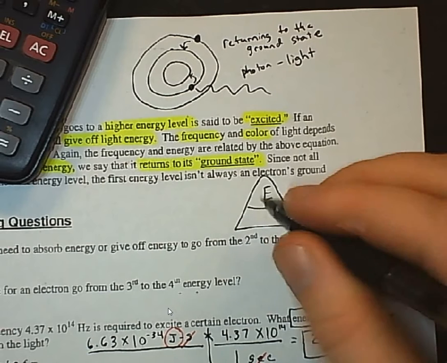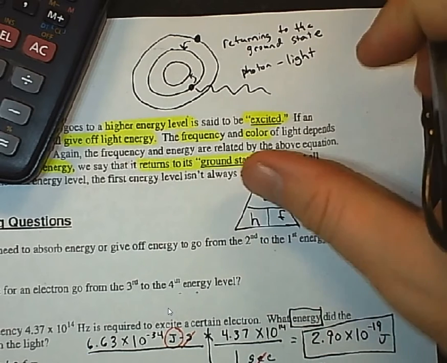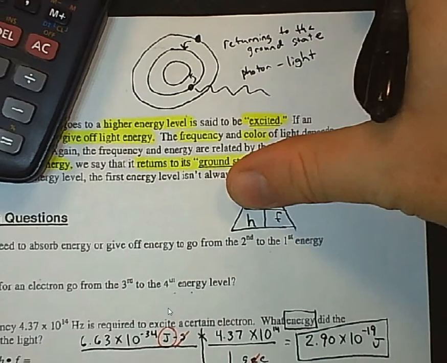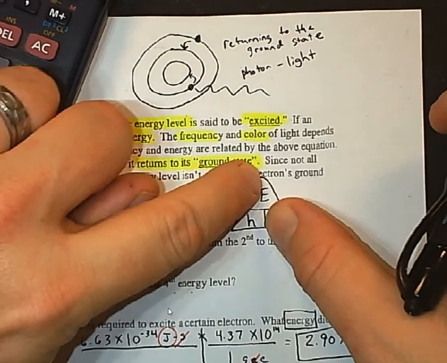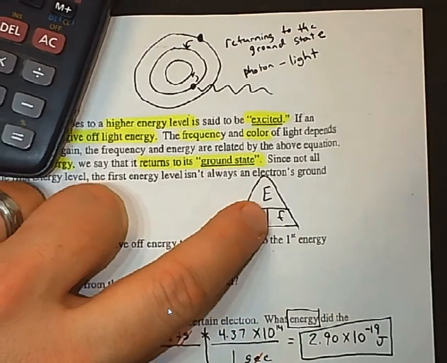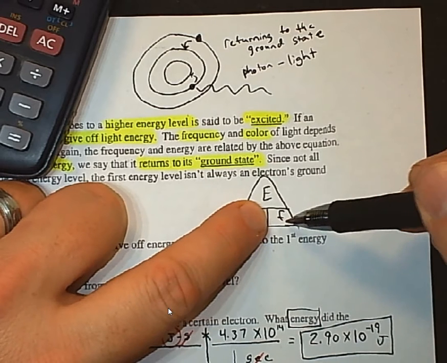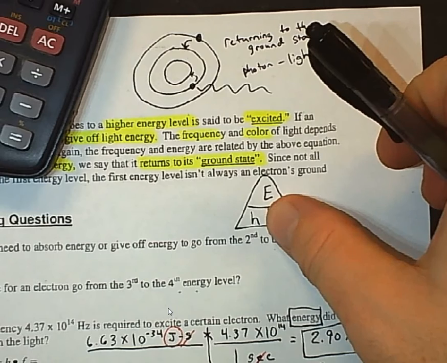Energy, Planck's constant, f. If we're looking for energy, it's h times f. If we're looking for frequency, it's energy divided by Planck's constant. If we're looking for Planck's constant, it's energy divided by our frequency. Right now we're looking for frequency, so we're going to take our energy and we want to divide it by Planck's constant.